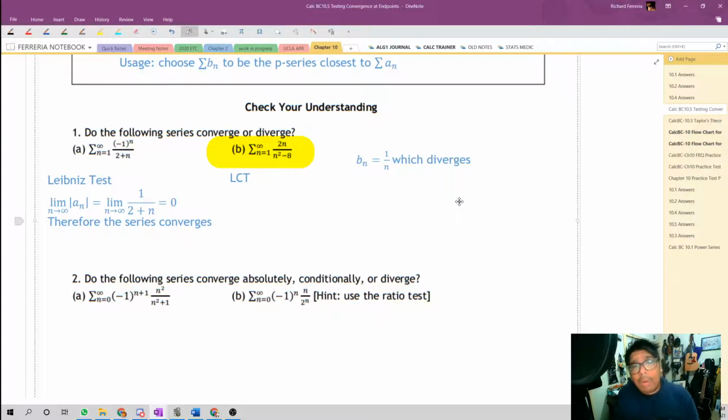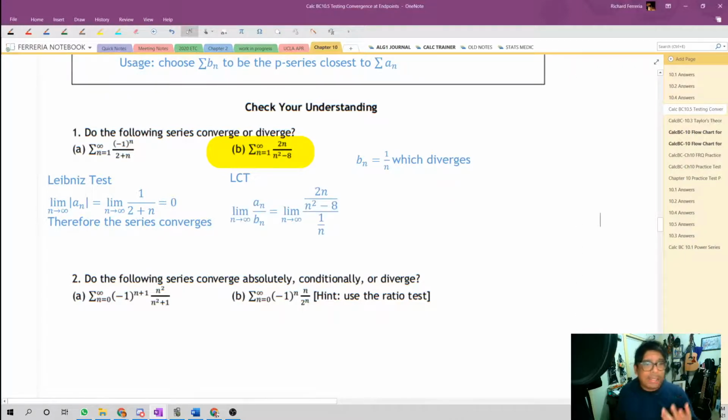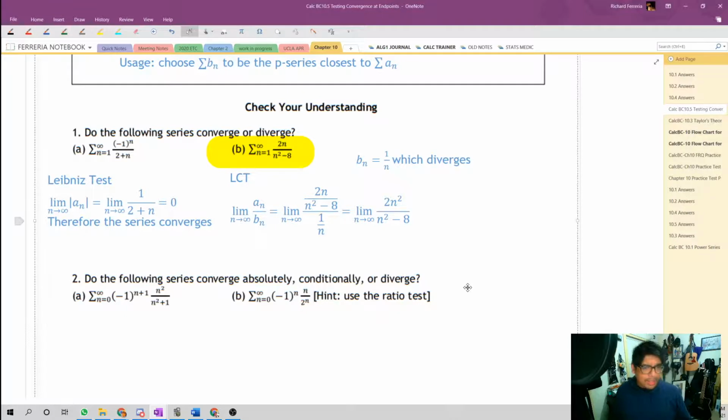So now we're going to take a limit. So let's set up the LCT. So we've got the limit of a over b is equal to 2n over n squared minus 8, all over 1 over n. Next, we simplify, and then we evaluate this limit.